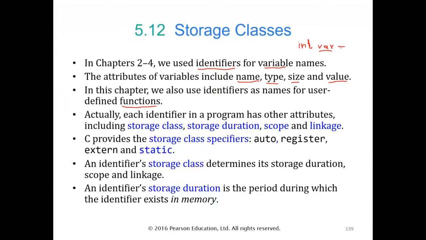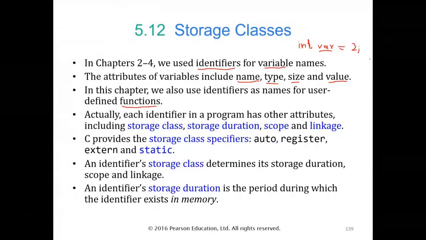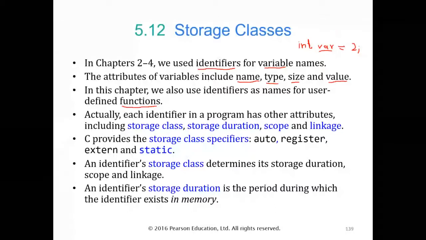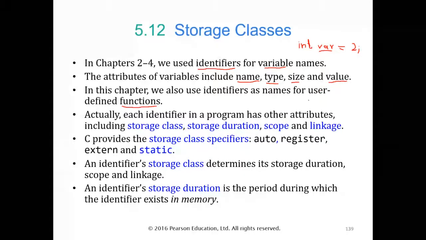If I set it to 2, that means I have an integer variable whose name is var. It uses perhaps 2 or 4 bytes to store that integer, and its value is 2. These are 4 characteristics of a variable.